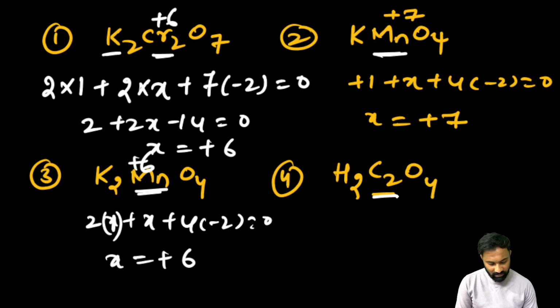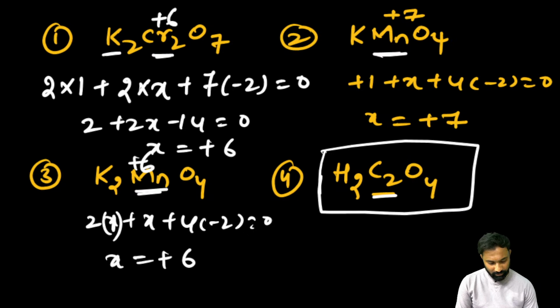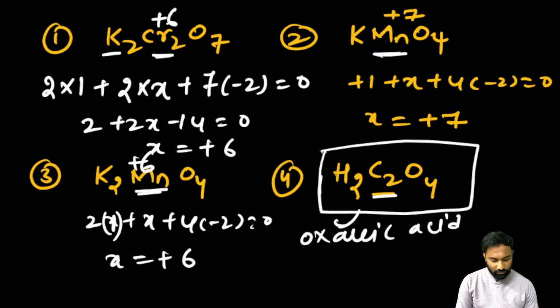Now here oxalic acid. My dear friends, remembering the names is also very, very important. This is oxalic acid. You have to be very careful with this one. In the fourth one, in the oxalic acid case, what is the carbon oxidation number?